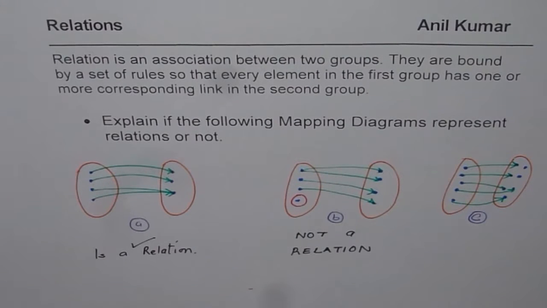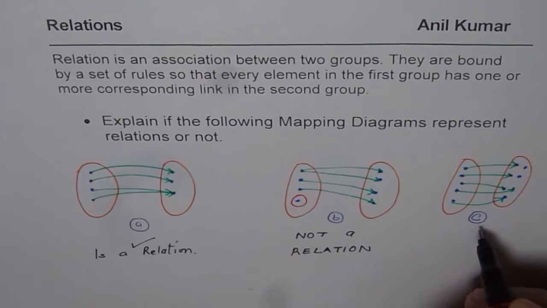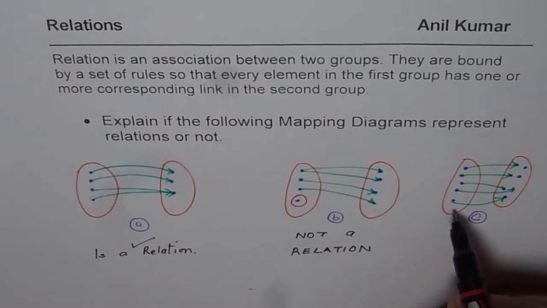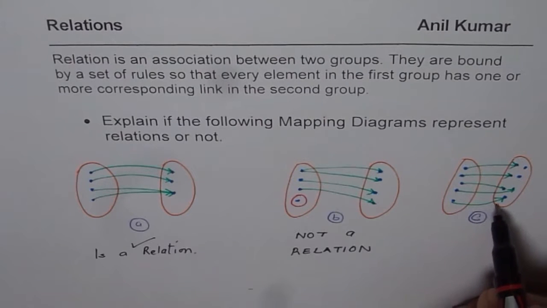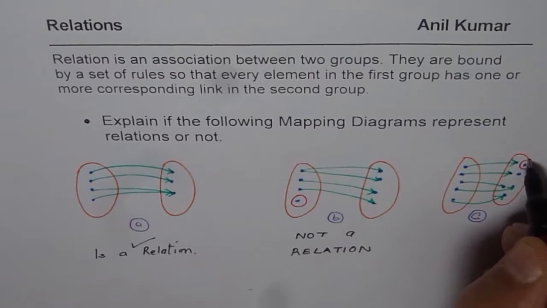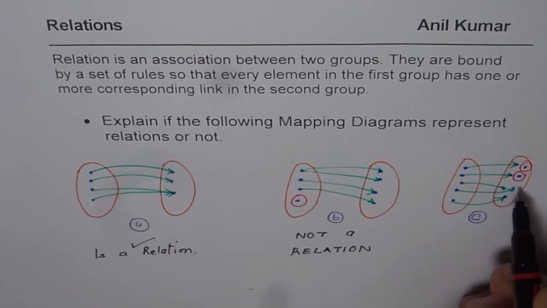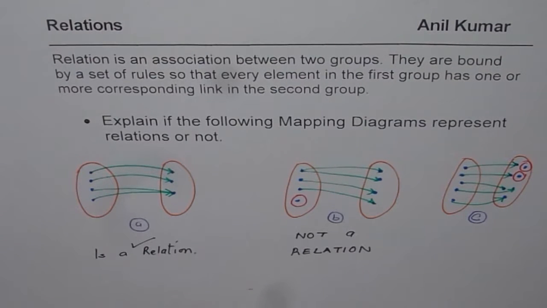How about the last one? In this mapping diagram, you find that every element in the first set is associated with one or more elements in the other. However, there are two elements in the second set which are not mapped. But still, will this be a relation or not?